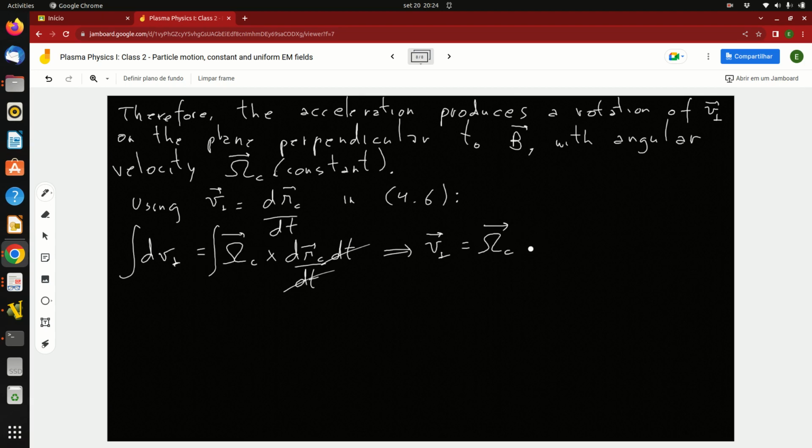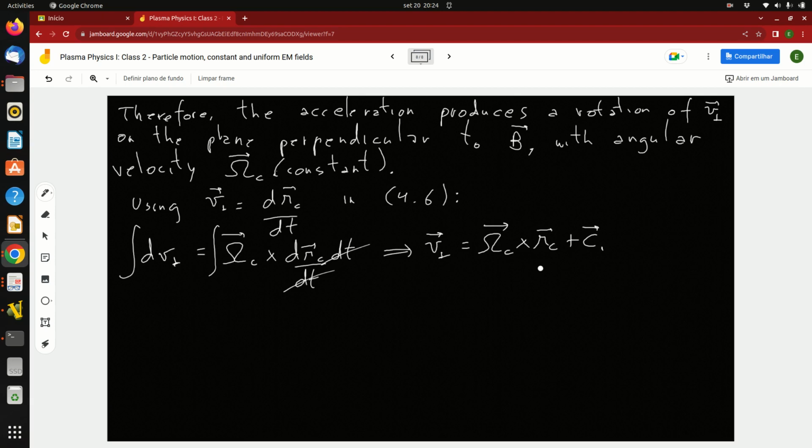So omega c times, or cross product with, rc. And this is because it had just dr, so you got r. And this is a function of time, plus some constant, integrating constant vector.